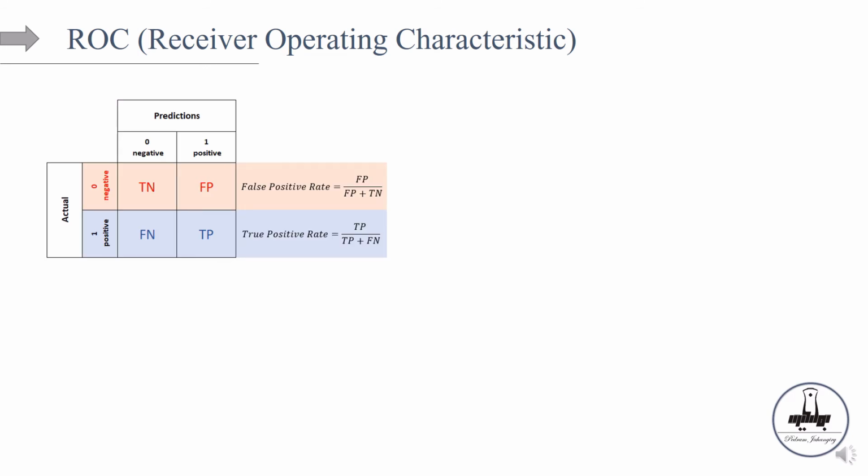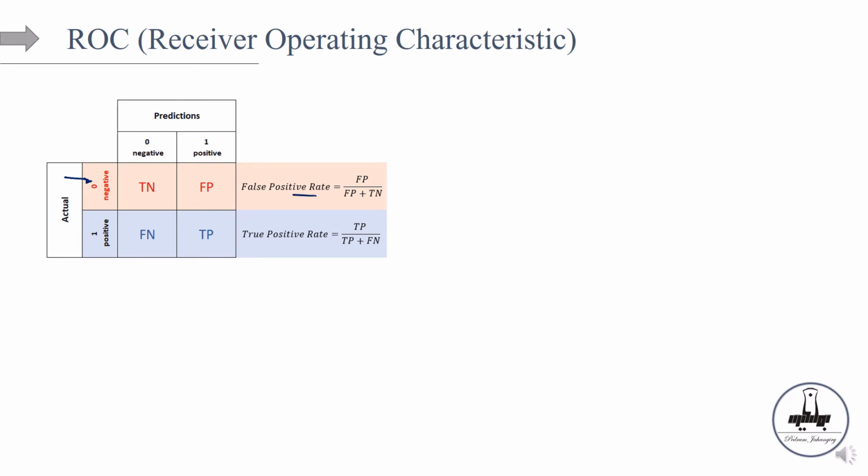In order to define ROC, we have to introduce two more names, which are false positive rate and true positive rate. So what are these two? As you can see, false positive rate says that among those that were actually negative, what percentage was falsely reported as positive.